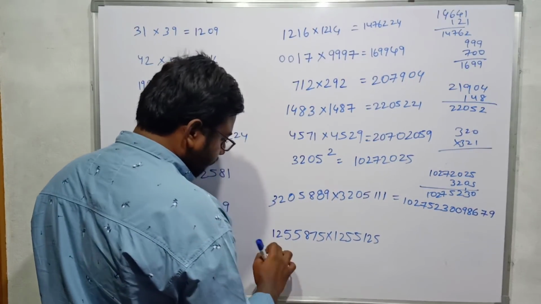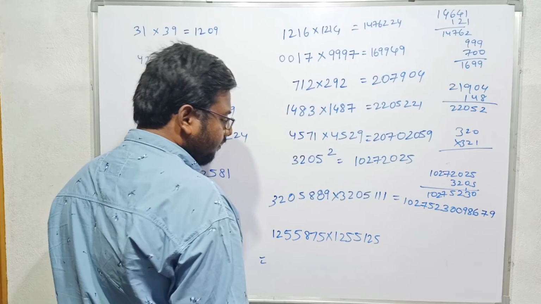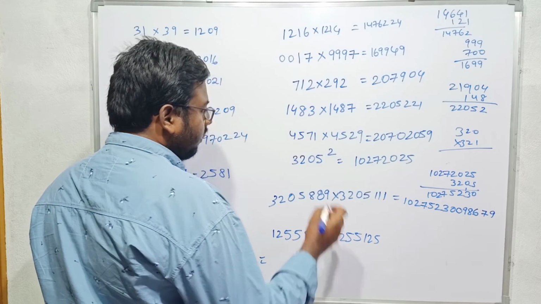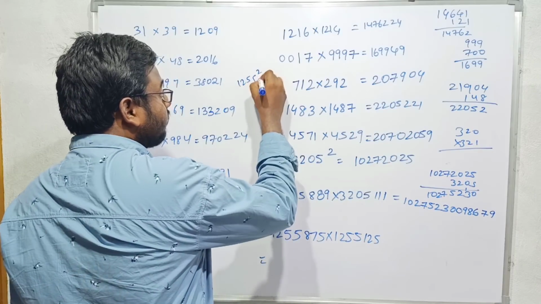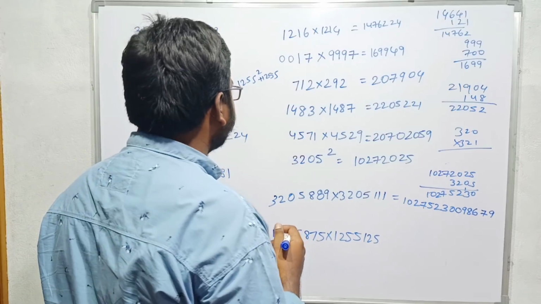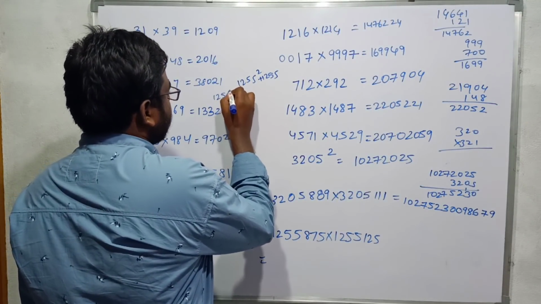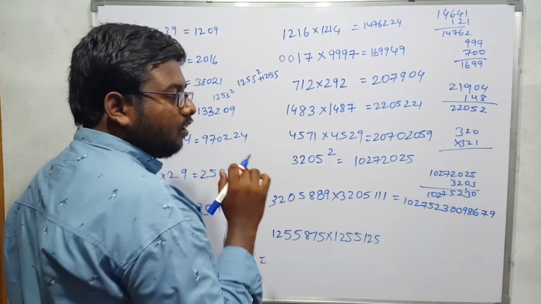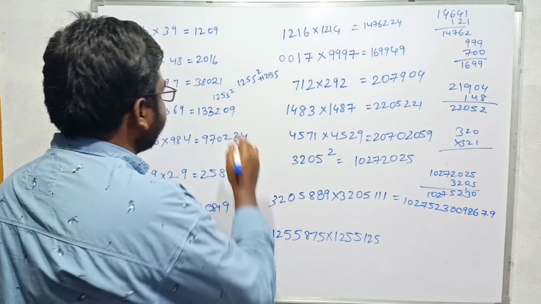So here 1255, 875, 1255, 125. 875 plus 125 is 1000. So I want to calculate 1255 square plus 1255, because I want 1255 into 1255. I will calculate 1255 square separately on the basis of finding a square of a number ending with 5.